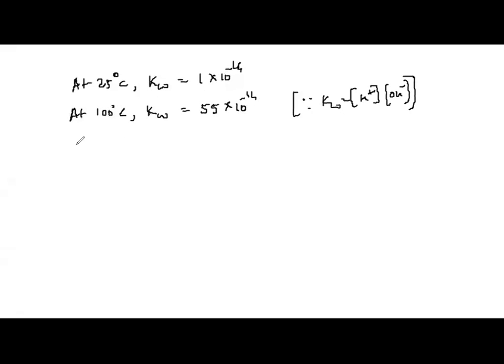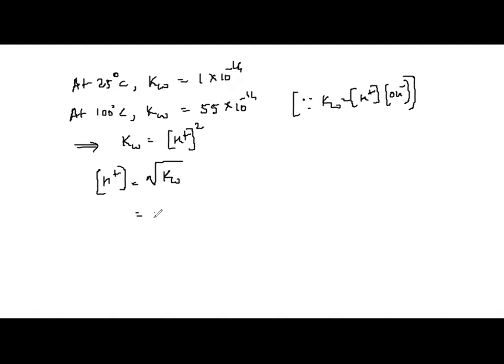Therefore, for a neutral solution, H plus and OH minus ion concentrations are the same. I can write Kw as H plus concentration squared. Therefore, what is the H plus ion concentration? It is the square root of Kw.